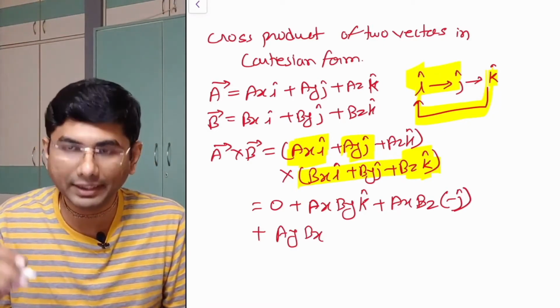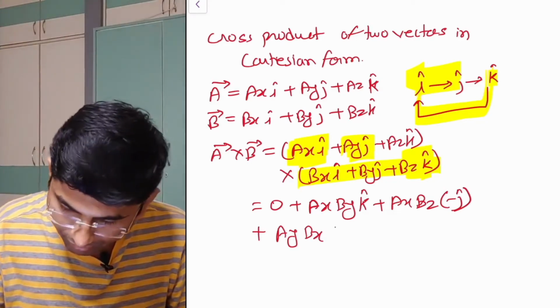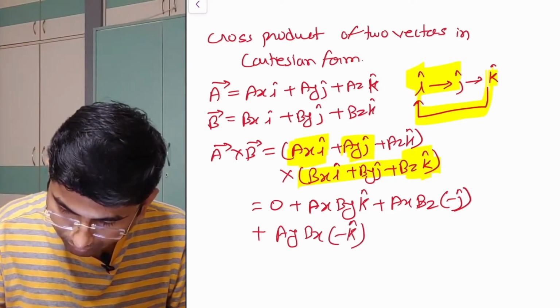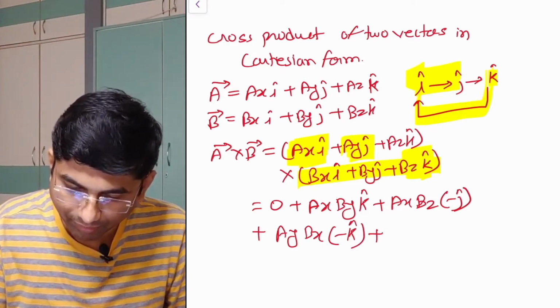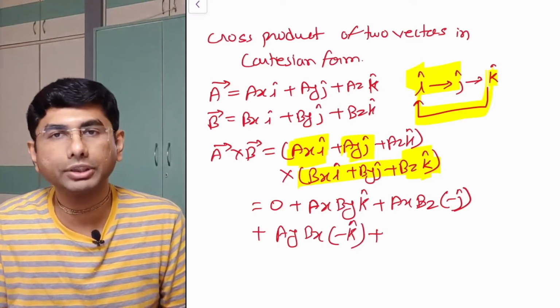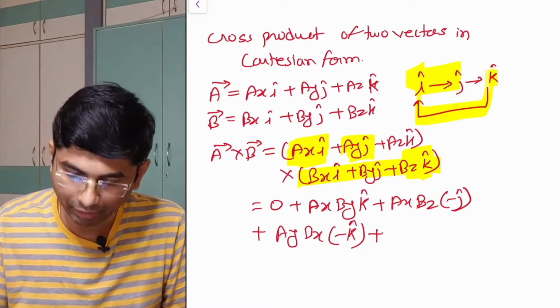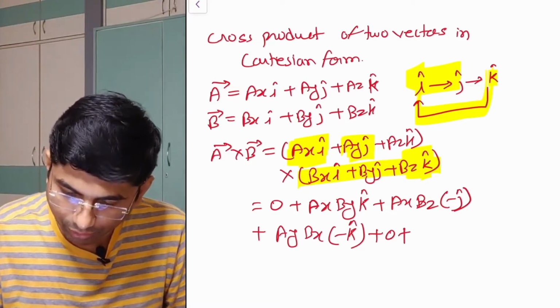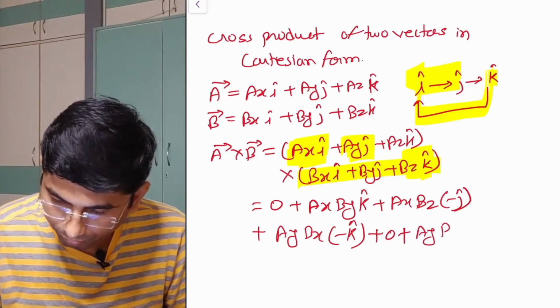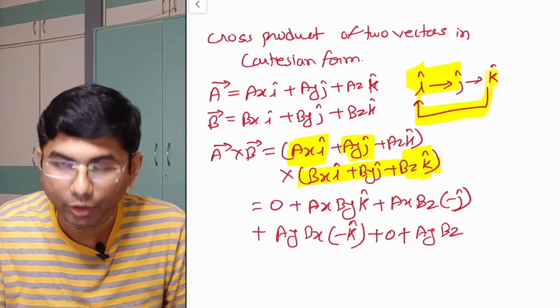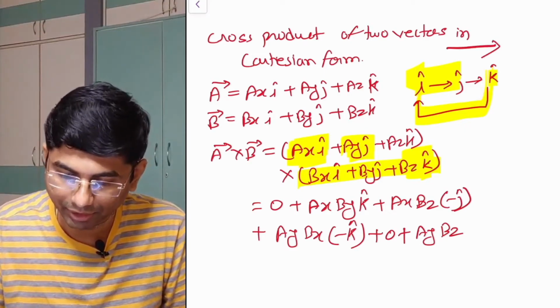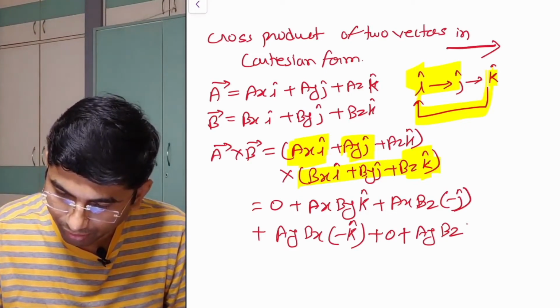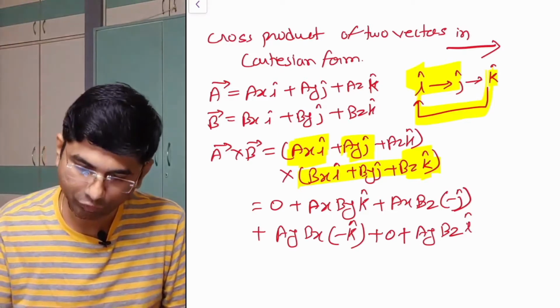The answer will be minus k. Here the answer will be minus k cap, plus again now ay by, both are j cross j, which is 0, so that's why I'll be writing it 0. Again now ay bz, j cross k, it's in the same sequence. That's why the answer will be i cap. This is about the second term.